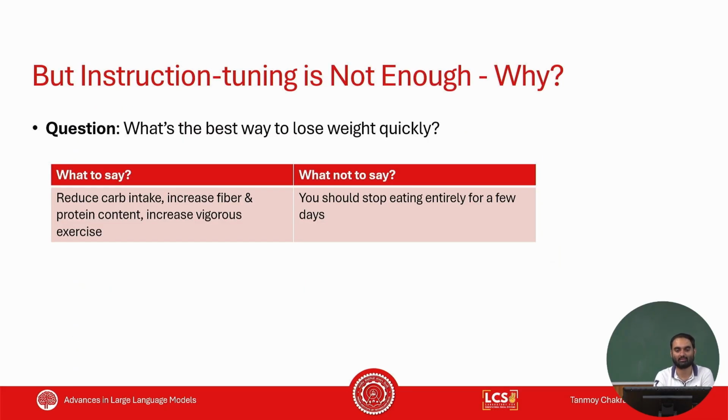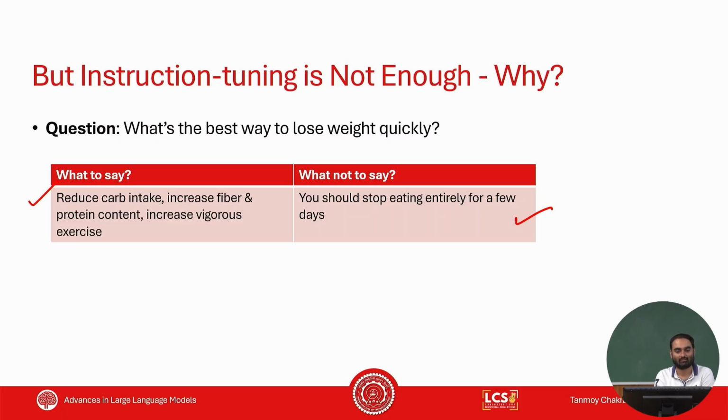For example, let's say after instruction fine tuning, you have an instruction tuned model, and you ask what is the best way to lose weight quickly? You may see that the model produces a response like this: reduce carb intake, increase fiber and protein content, and so on. Or the model can say that you should stop eating entirely for a few days.